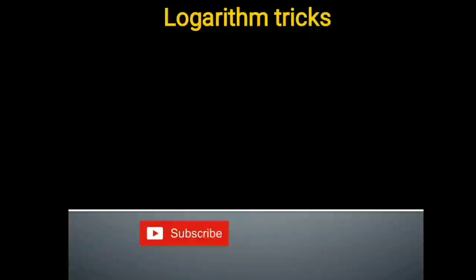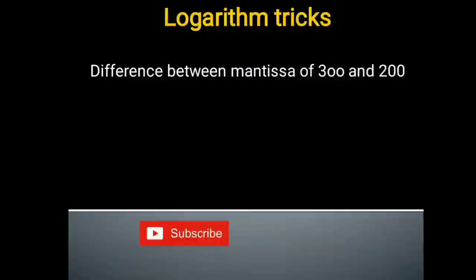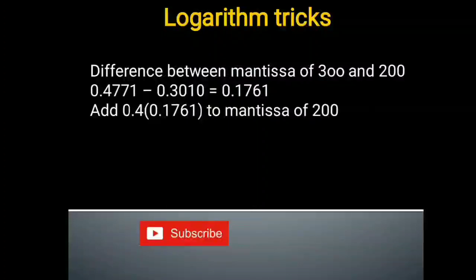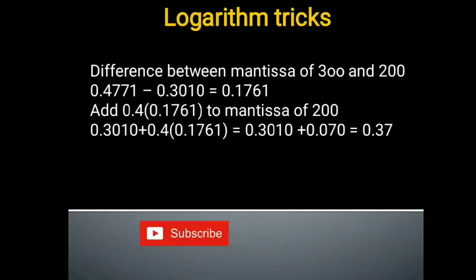The same operation we will do for mantissa values. First, find out the difference between the mantissa of 300 and 200. Mantissa of 300 is 0.4771. Mantissa of 200 is 0.3010. Difference is 0.1761. And multiply that with 0.4. Add that value to the mantissa of 200.